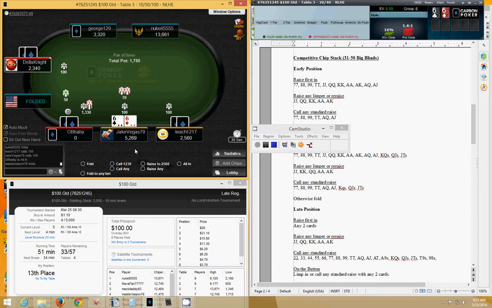Now, this is kind of a tough judgment call here. We have a pocket pair. It's a low pocket pair, but he might not have a pocket pair. So, honestly, I think I'm just going to fold this here.